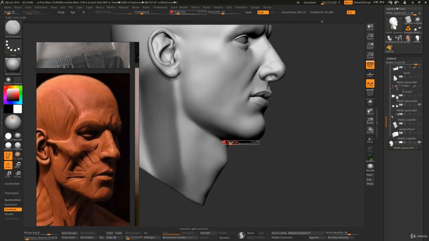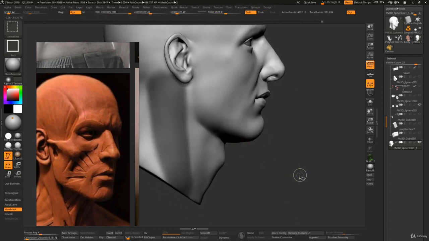Also, it's good to pay attention to this angle of the jaw we created, right? And also this region, which will be all dark, and it will be like the connection point for the Adam's apple and also the neck's muscles.